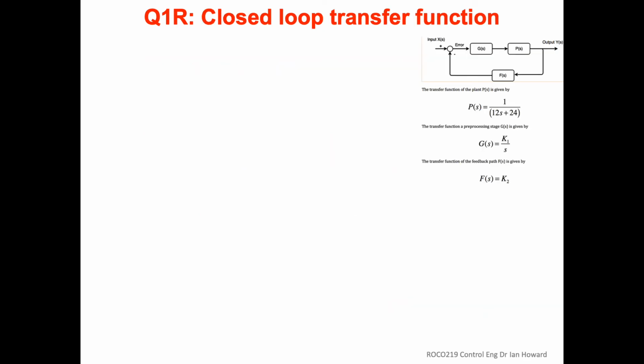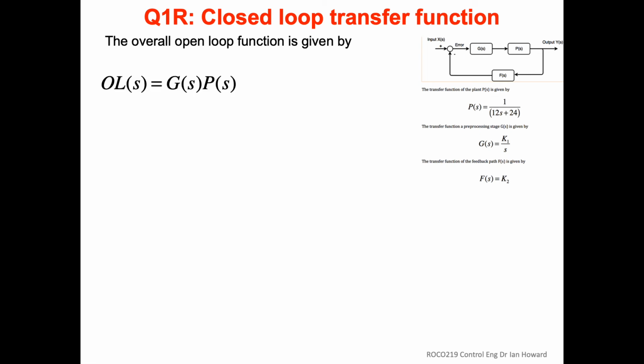So let's start off by doing the analysis of the system in terms of the transfer function of the whole closed loop system. I've drawn the question up here on the upper right just so we can have a look and see what we're doing. First thing we want to do is look at the open loop response of the system. So we just ignore the feedback path F(s), and we see the feed forward path.